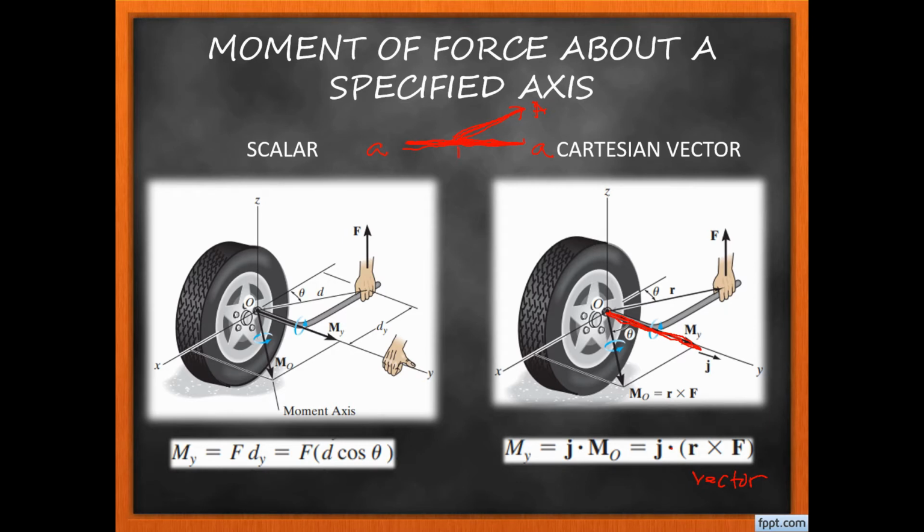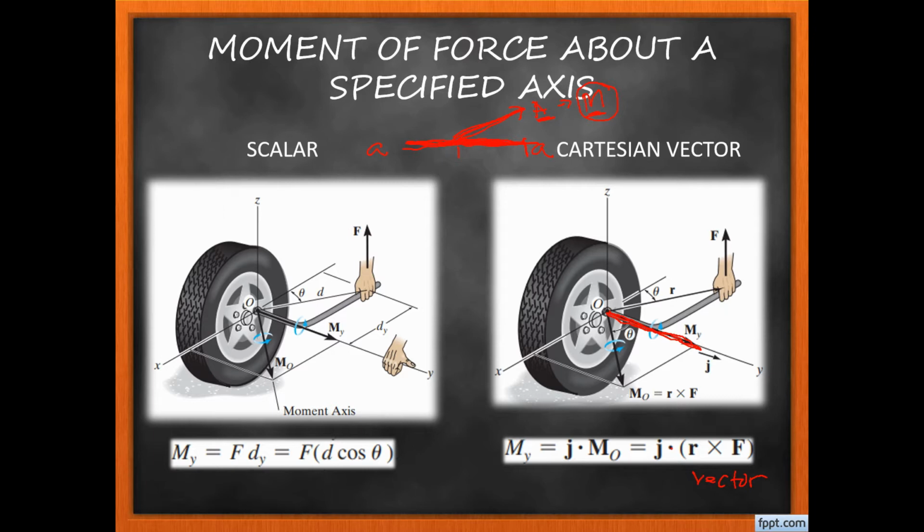Ang nangyari lang, yung vector A natin, instead na yung vector A is in force, yung vector A natin is in the form of moment. Pero tatandaan natin na yung force natin is in the form of vector, yung moment natin ay vector pa rin. That's why pag kinunan natin to ng component along line aa, itong vector A natin, which in our case ngayon ay moment, yun yung equivalent moment niya sa line na yon.